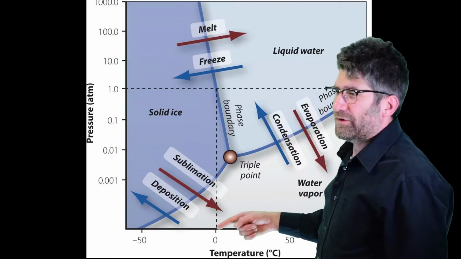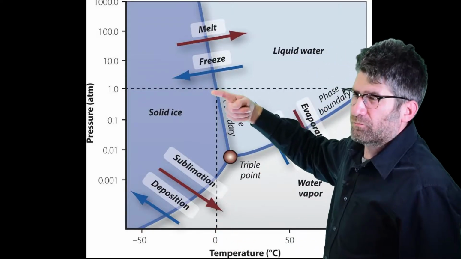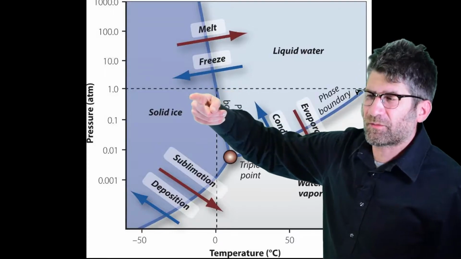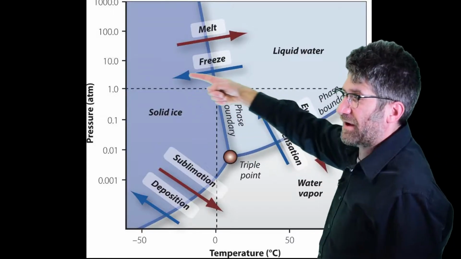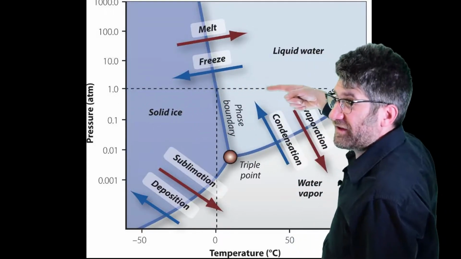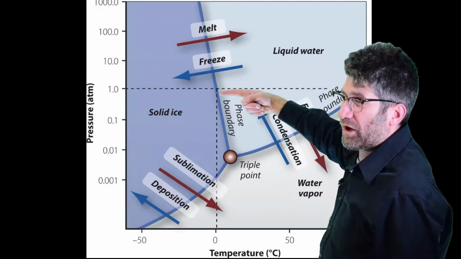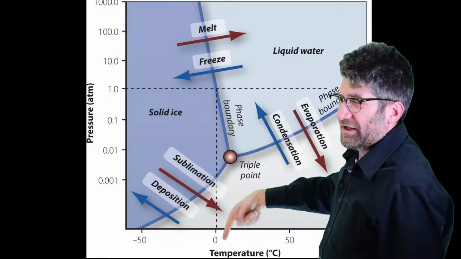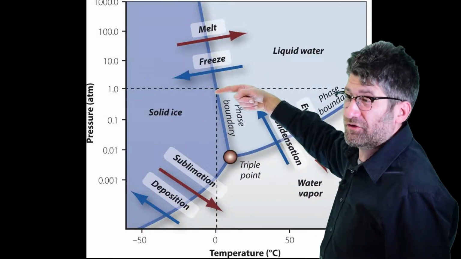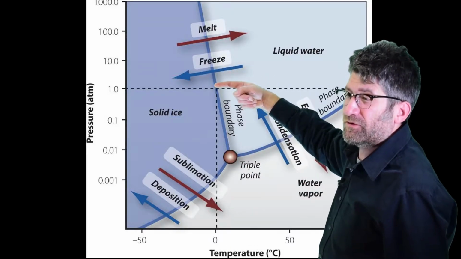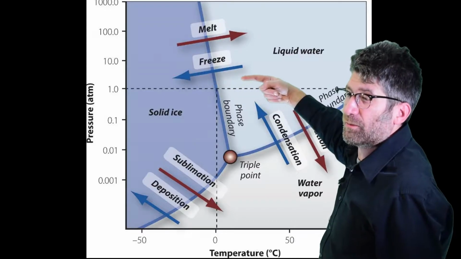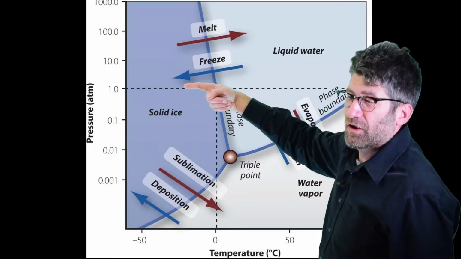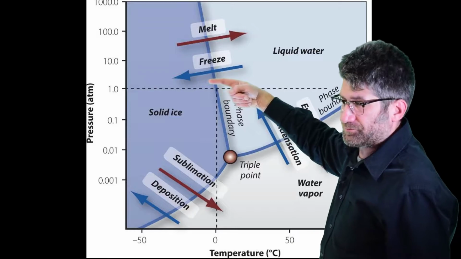What we often think about, for most of us in our everyday world, is one atmosphere, which is the atmospheric pressure at sea level. At 1 atmosphere at sea level, if we have a temperature of 0 degrees Celsius, we're right on that boundary. If we warm up, we'll have liquid water, and if we freeze, we will end up freezing.